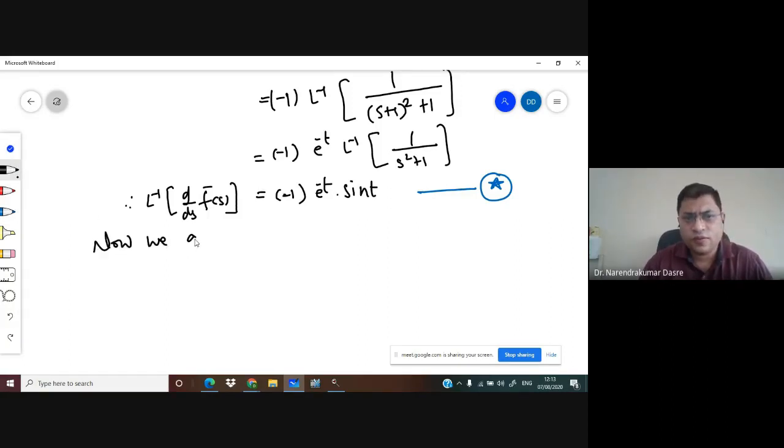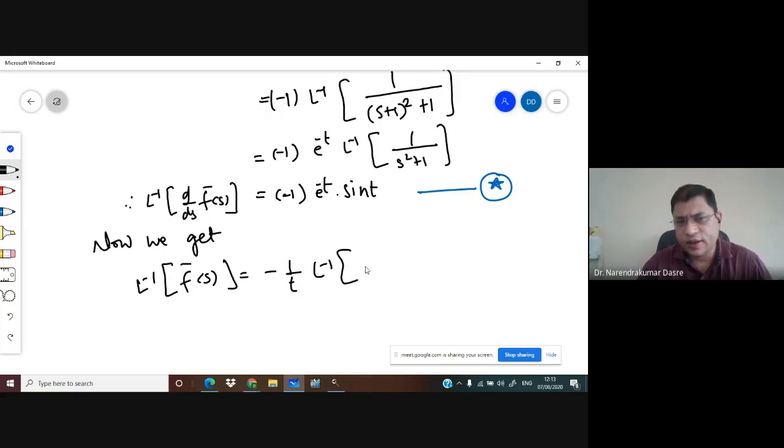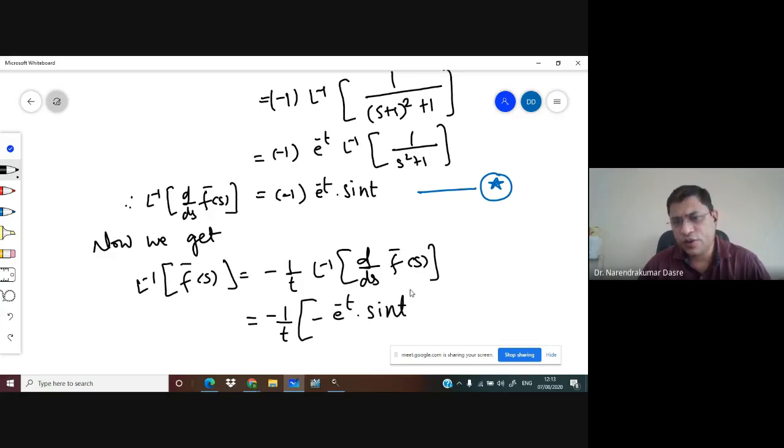Now we get the Laplace inverse of f bar of s is equal to minus 1 by t times the Laplace inverse of d by ds of f bar of s. So here we have minus 1 by t, and this is minus e raised to minus t into sine t, or I can write this as e raised to minus t into sine t upon t.